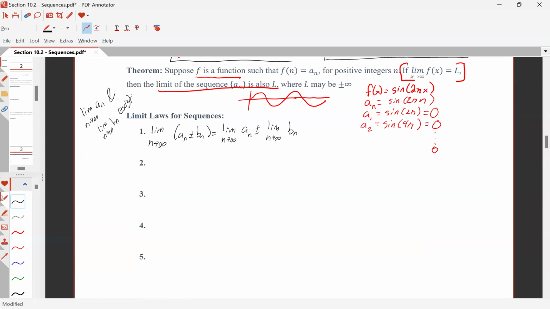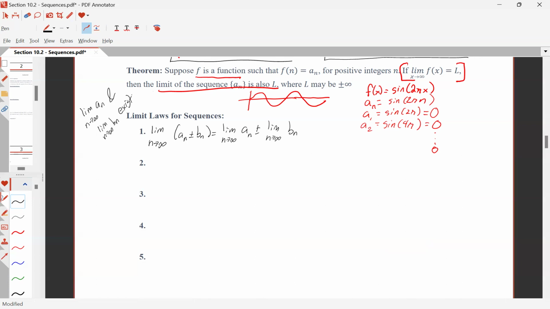There are some cases where these aren't holding true when these limits do not exist. So these limit laws hold when the limits exist.